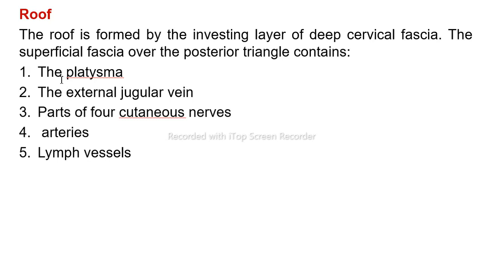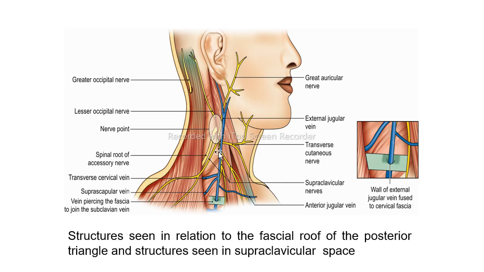Again, the structures in the roof are the platysma muscle, external jugular vein, four cutaneous nerves, arteries and lymph vessels. Here we can see this vein, it is the external jugular vein.